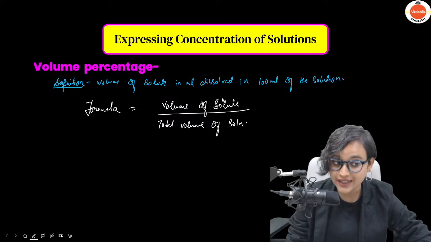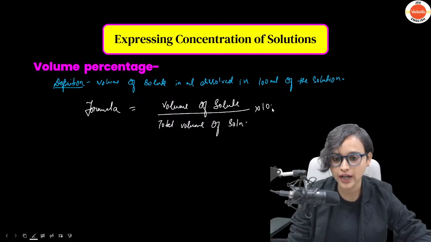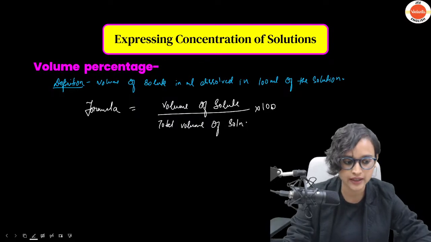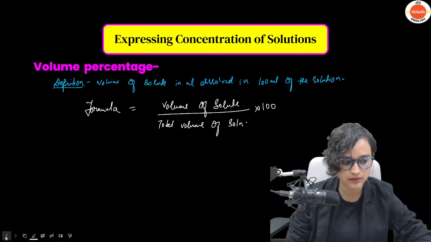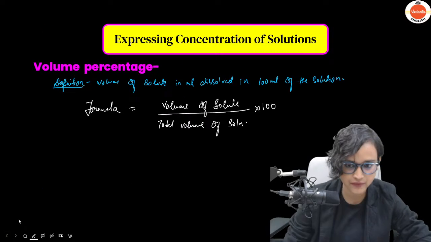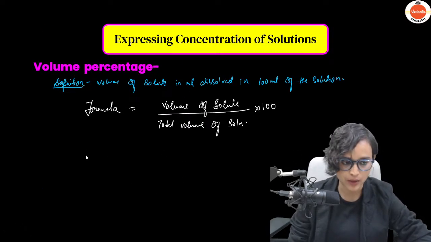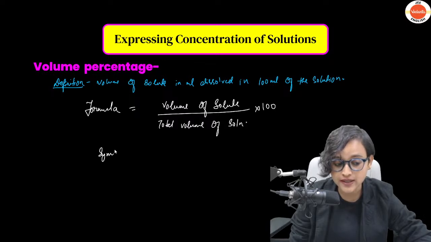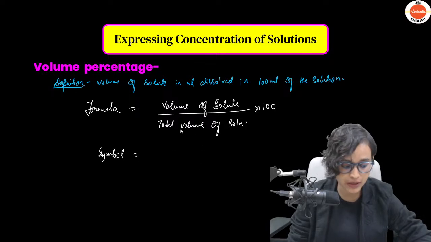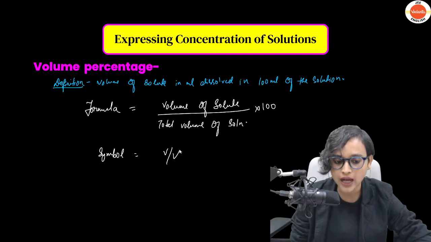But it is again a percentage, so we have to write multiplied with 100. Now obviously we will also write the symbol. The symbol is obviously V by V.